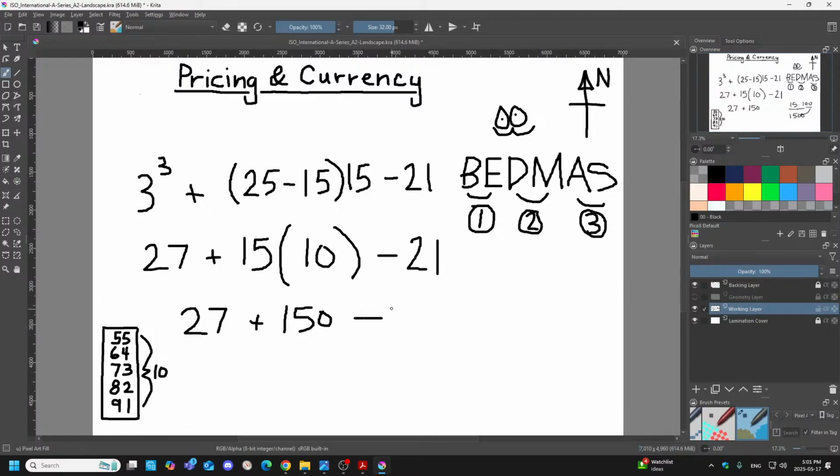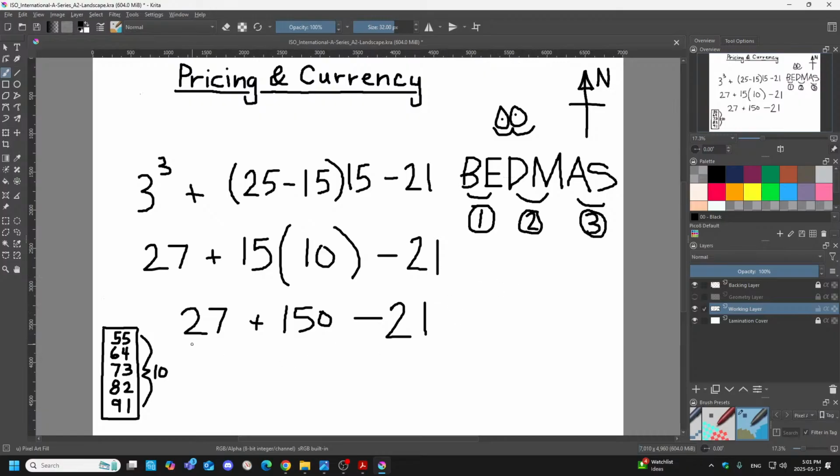Okay, and then minus 21. Okay, so now we're done. We got no brackets. It's all done. Division, the multiplication. There was no division. The multiplication is done. So now we're down to part 3 of BEDMAS, which is straight addition, subtraction.